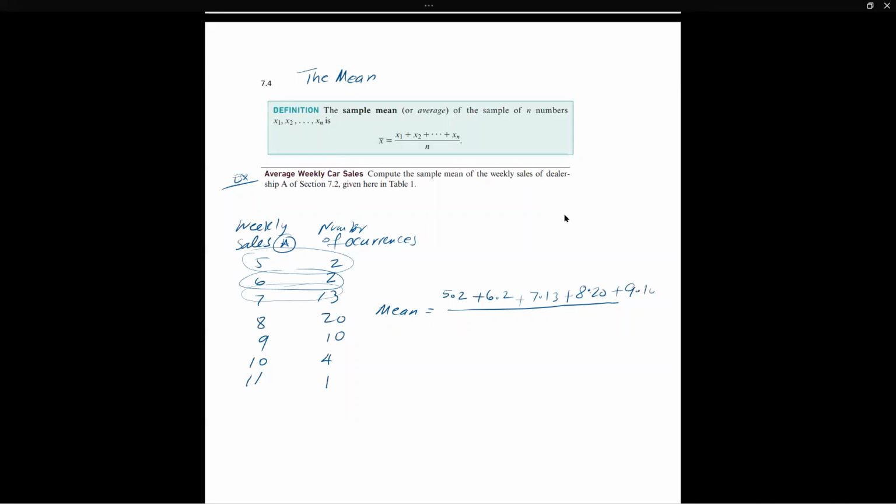We have 9 times 10. We have 10 times 4. We have 11 times 1. And if we add these, let's double check. I know from previous example it's 52, but let's just double check.